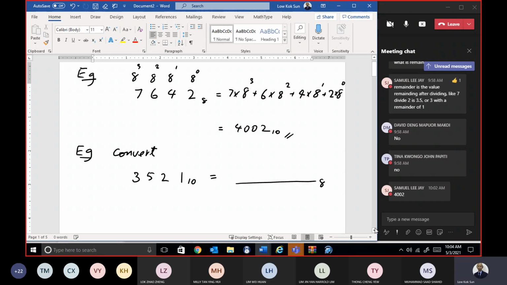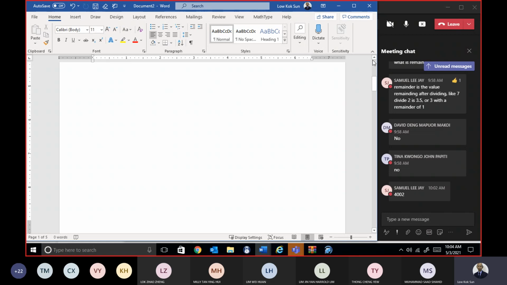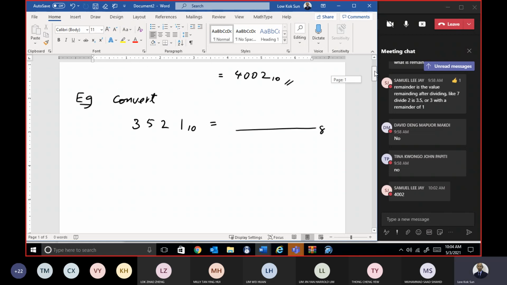So if I convert into 8, I divide by 8. Just now we divided by 2 because we wanted to convert into system 2. So can you divide by 8? Divide by 8, get the answer.